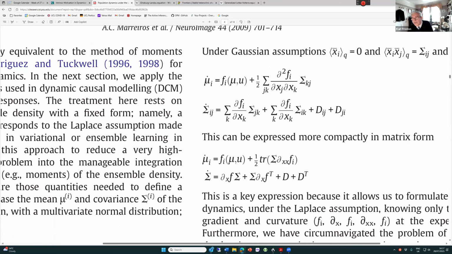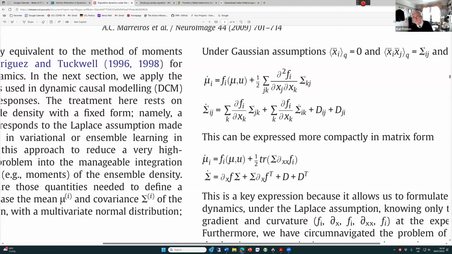So the rate of change of your expectations is exactly as you showed, just the equation of motion or the flow for any particular element of that, plus this extra term that depends upon the curvature of the flow and crucially the second order statistics, where the second order statistics are functions of the diffusion tensors.